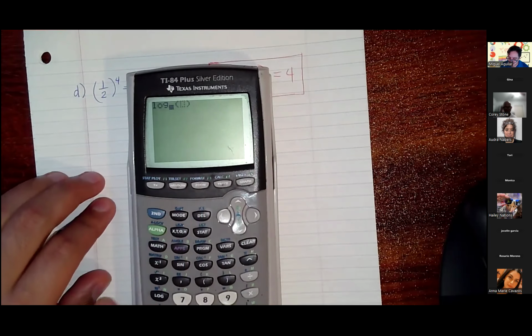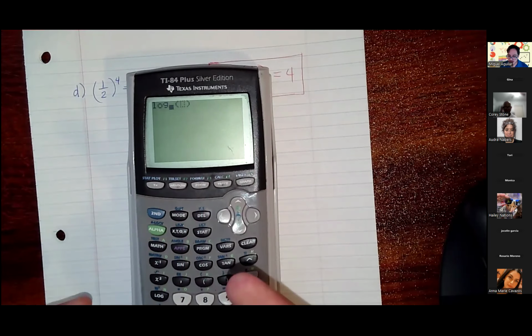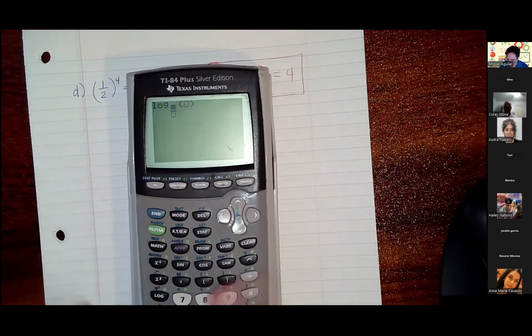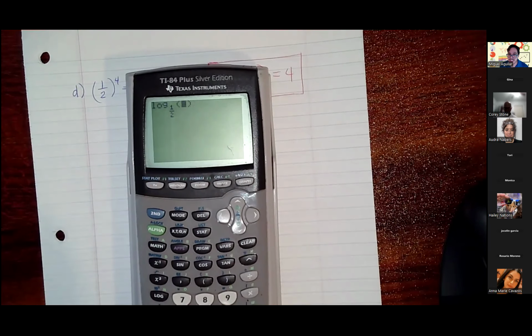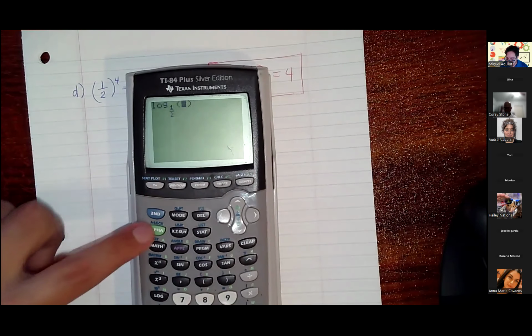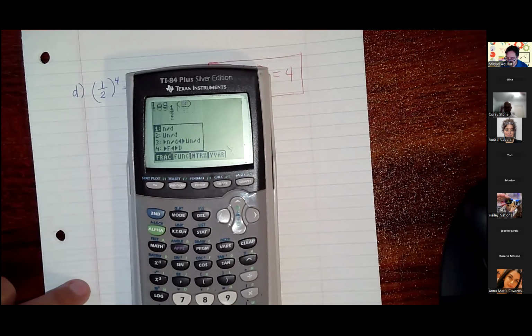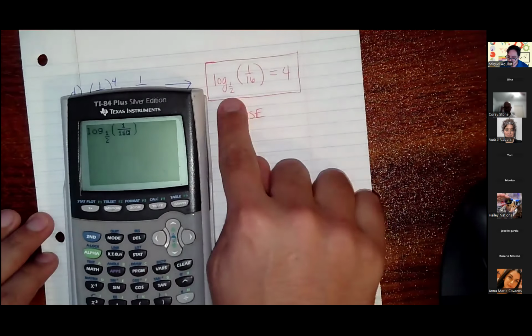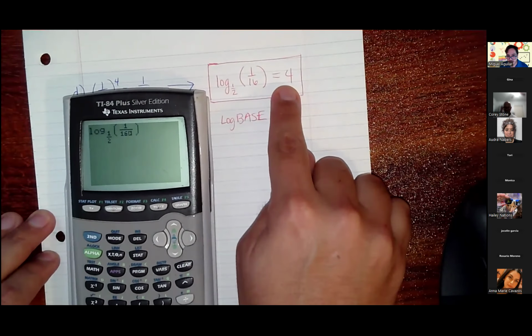If we need a fraction here, this is where we're going to put alpha, y equals, enter, and now we can put a base of 1/2. Then we can go back into the input inside the parentheses and then put alpha y equals yet again to put 1/16, because now we're just checking to see, does that really give me 4?